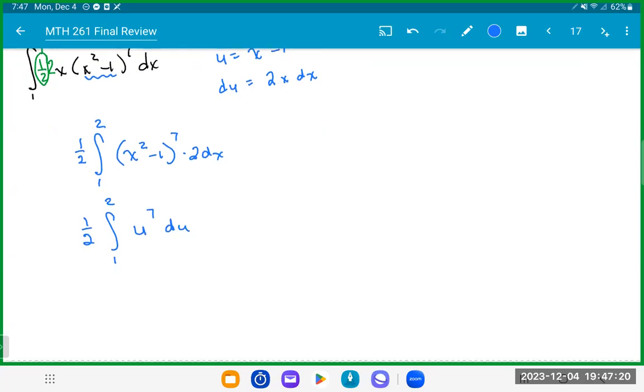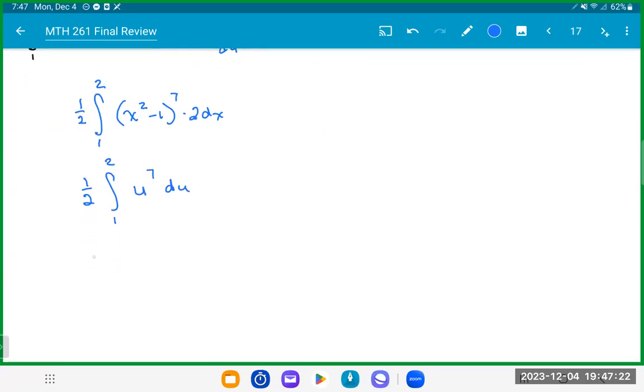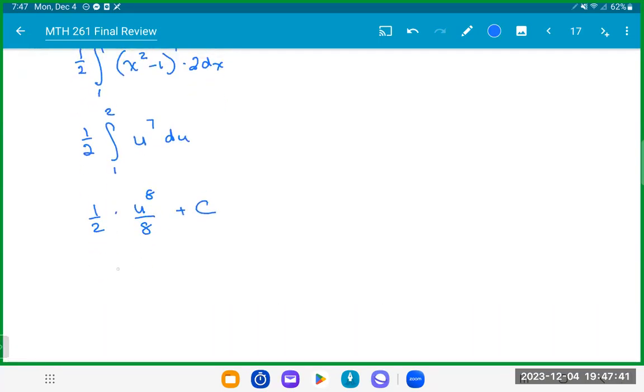Now we can integrate that u to the 7. Actually, I don't need the integral sign anymore because I'm just doing it. It's u to the 8 over 8 plus c. So this gives me u to the 8 over 16 plus c.